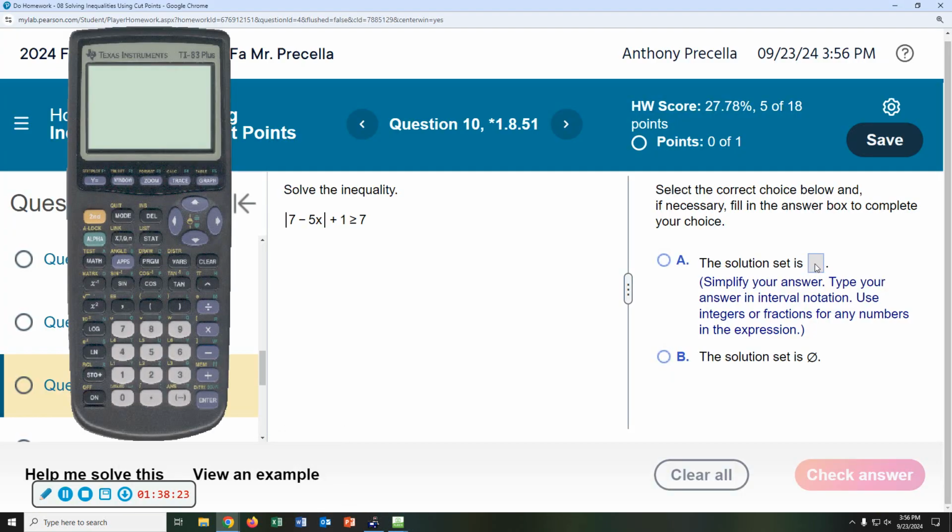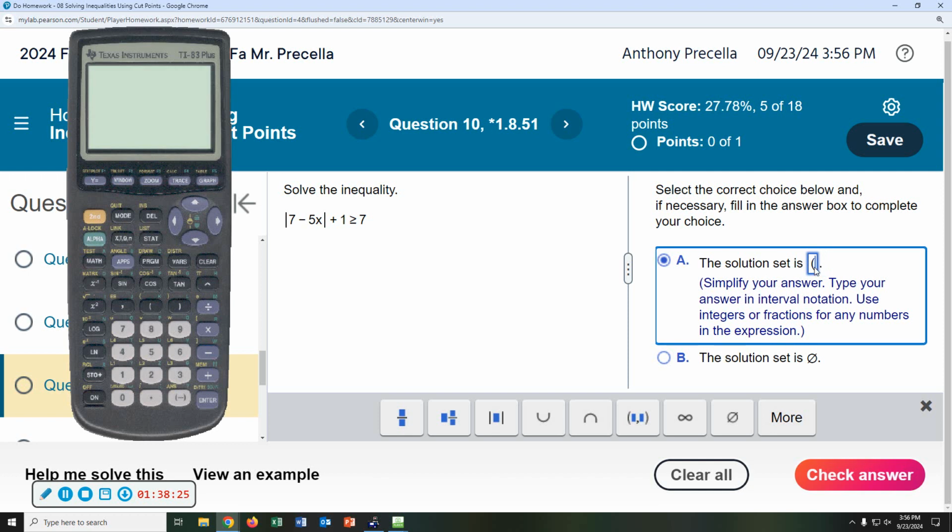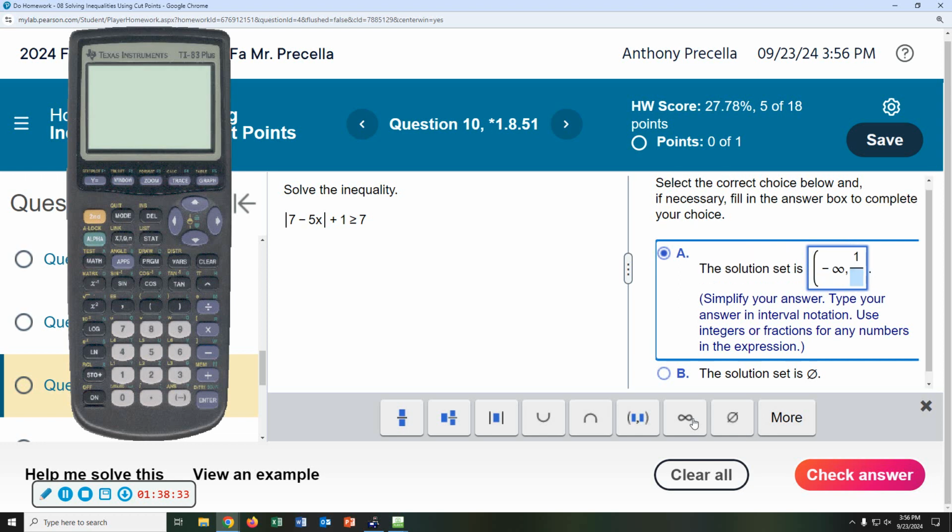Any questions there? Left parenthesis, negative infinity, comma, 1/5. Get out of that denominator before you type the bracket. Union.